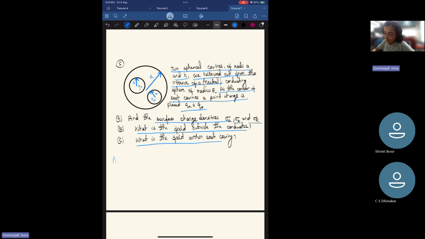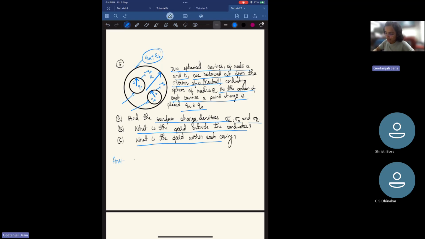As we've seen before, the first cavity has charge QA, the second cavity has charge QB. So QA will induce minus QA charge here and minus QB charge here, to cancel the influence of this charge on the interior of the metal. And because the metal sphere is neutral, the total charge at the outer surface will be QA plus QB.